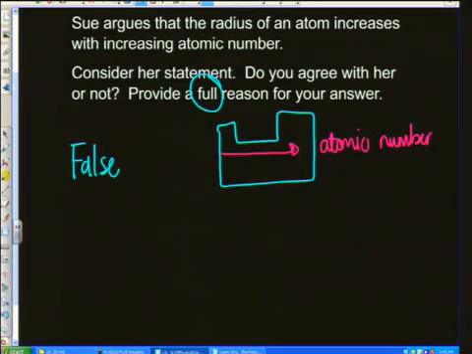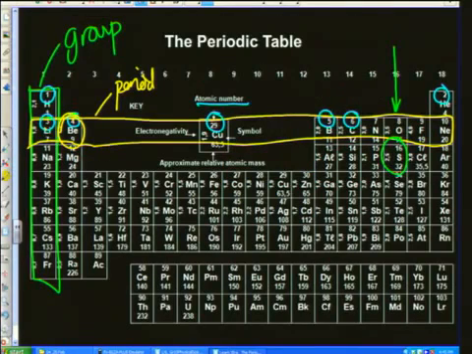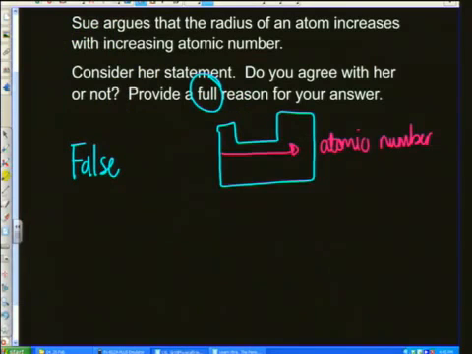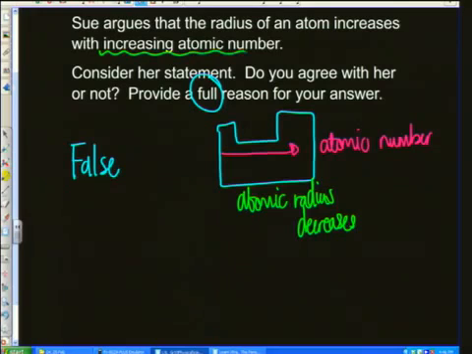Why? Well, as you go across, have a look at those numbers. It's going 3, 4, 5, 6, 7, 8. Atomic number is increasing. But what do we notice about the atomic radius? Actually, as it goes across, the atomic radius decreases, which is in complete contradiction of her statement.